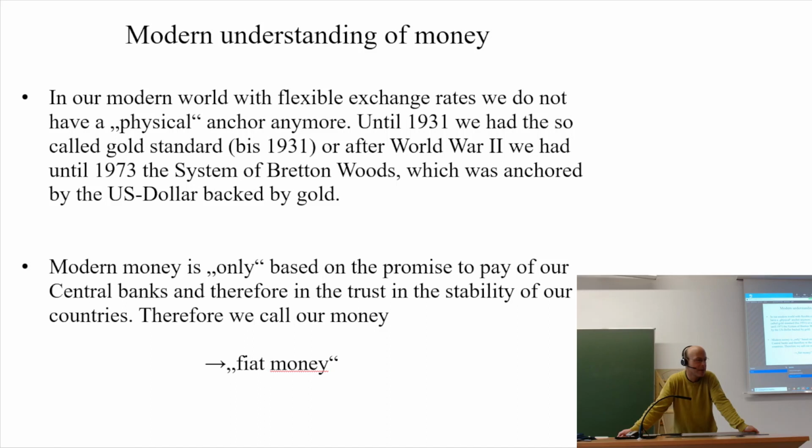The first paper money we have found was in China, and afterwards, in the Renaissance around the 15th, 16th, 1700s, also in Europe. And then the Industrial Revolution came, and during this time in the 19th century, we had an explosion of paper money, but still we had a so-called backup of gold behind this paper money.